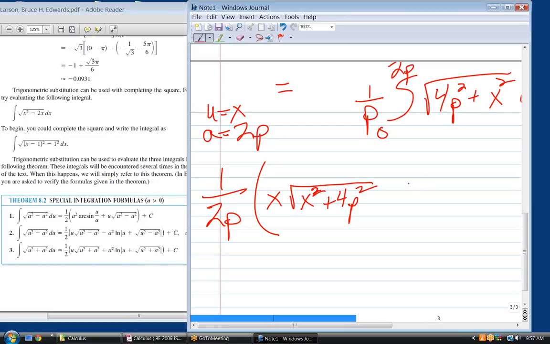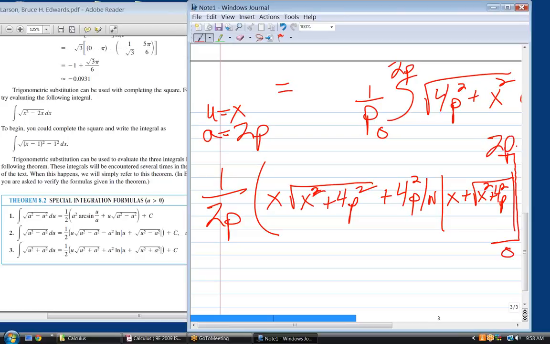Now we go to this term here, plus a squared, which is 4p squared, times the natural log of u, that's x, plus the square root of x squared plus 4p squared, plus c, but the plus c isn't going to come into effect here. We're going to evaluate this from 0 to 2p.